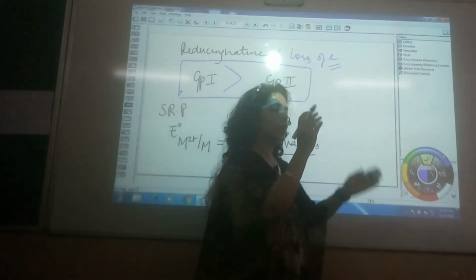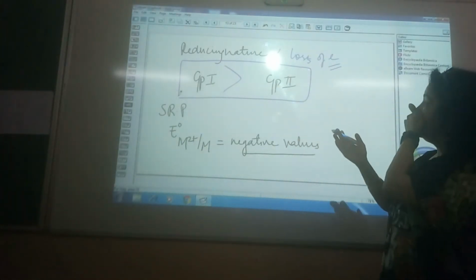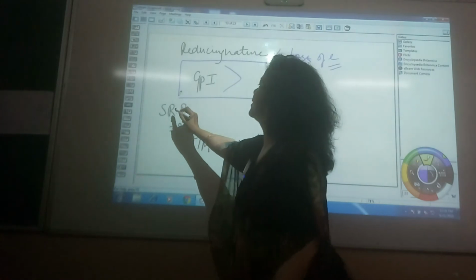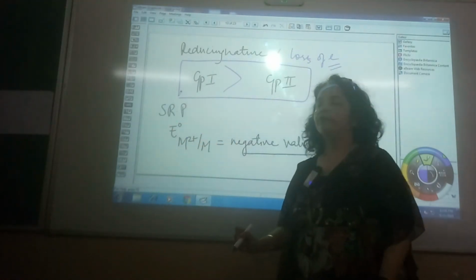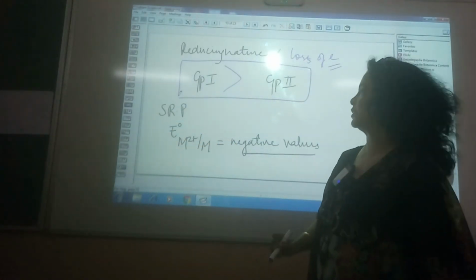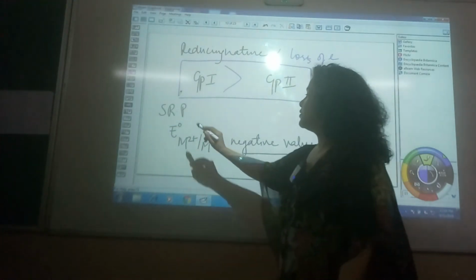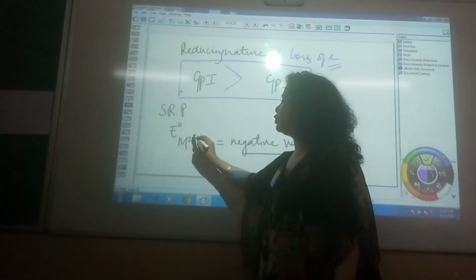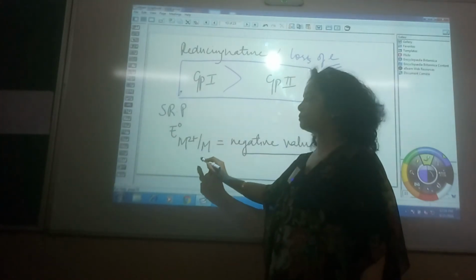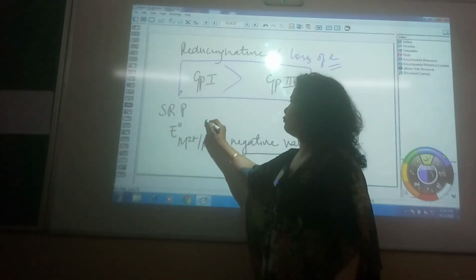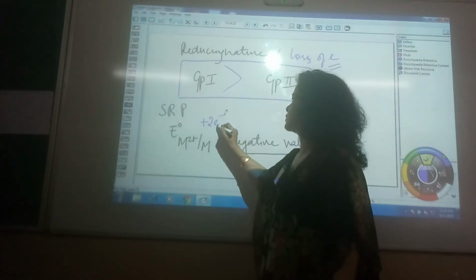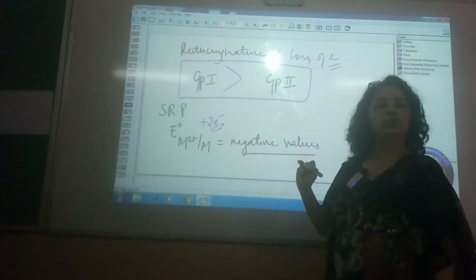Now presently, since we are focusing on group 2, let's talk about the standard reduction potential values. What do I mean by standard reduction potential? The E0 value, as we did in redox reactions. Reduction means your metal M2+ has to go to M. This process of gain of 2 electrons has a negative value.